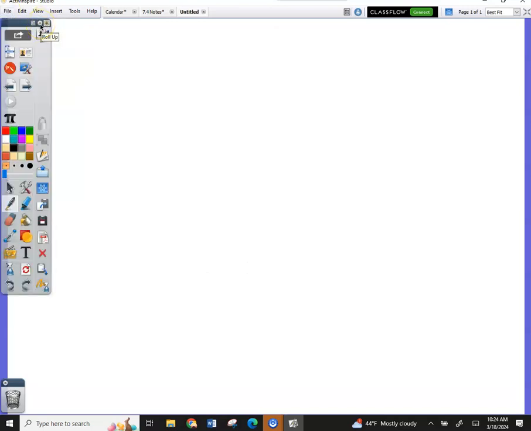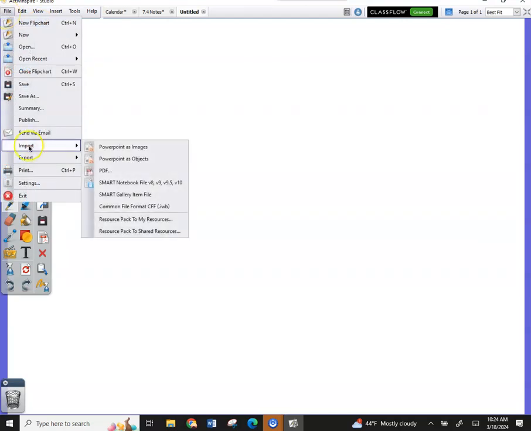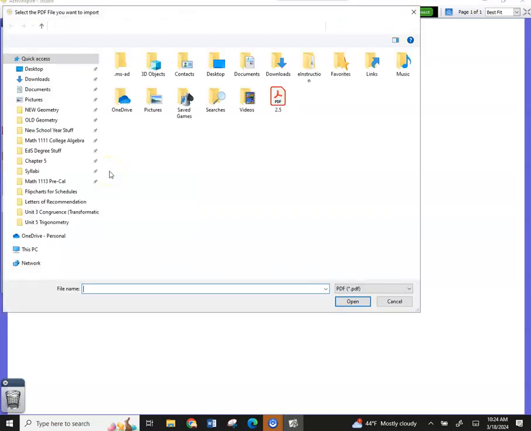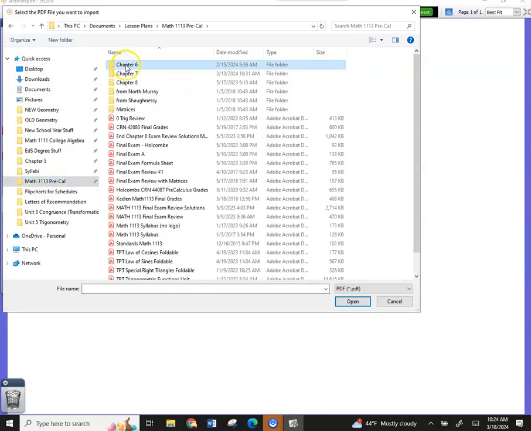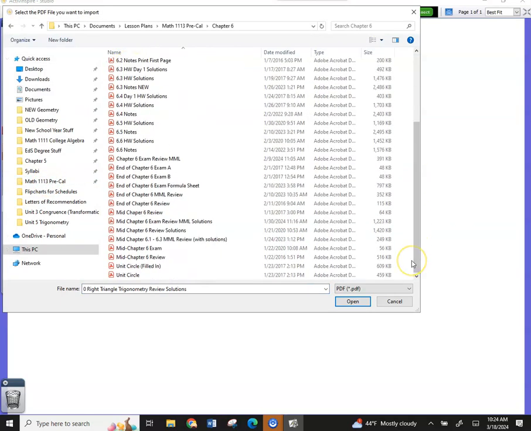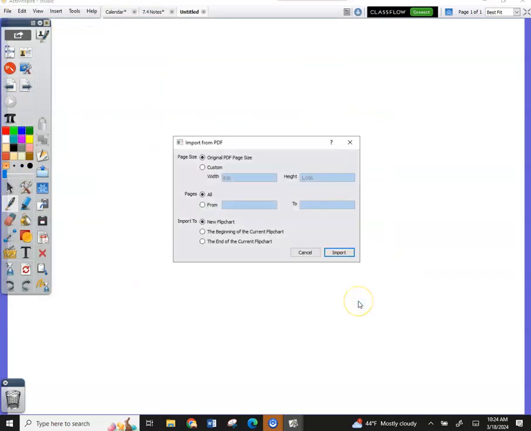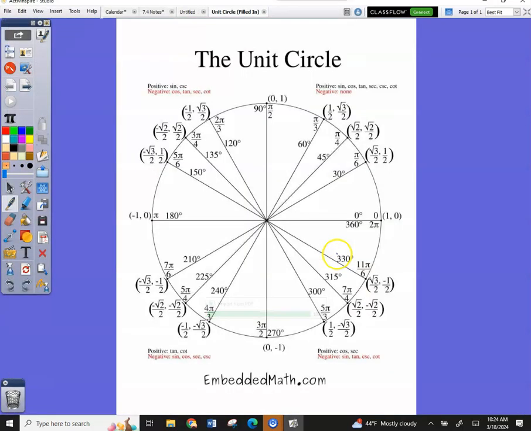Let me pull my unit circle up here, because that would help. How many y values are root 2 over 2?